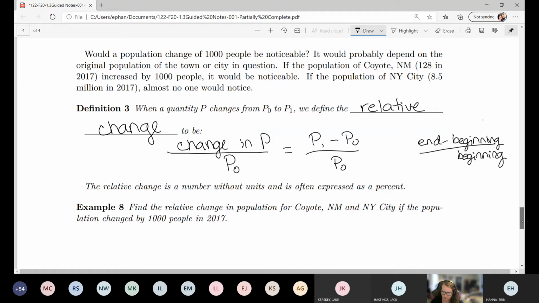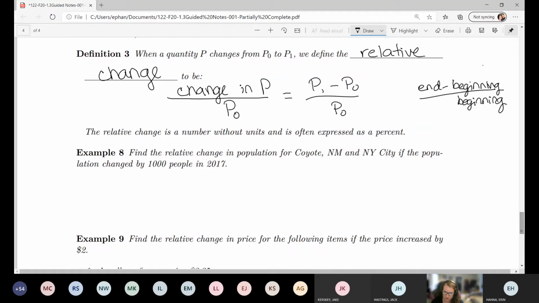So let's look back at that idea of this population change in New Mexico versus New York City. So I'm going to be calculating two relative changes. So let me break that up. So say I'm looking at the city in New Mexico first. So that started at 128 people, right?